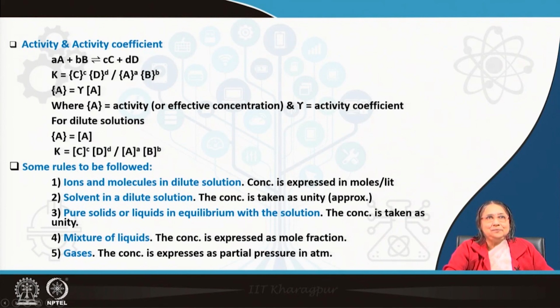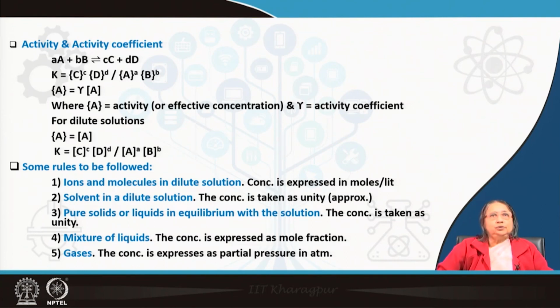And we all know that activity is nothing but activity coefficient times concentration. For dilute solution, we can think that activity is the same as the concentration, so we can straightforwardly use this expression. But we have to know this, because it is very important in case of concentrated solutions. In that case we must consider the activity and activity coefficient.